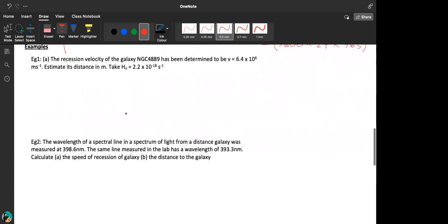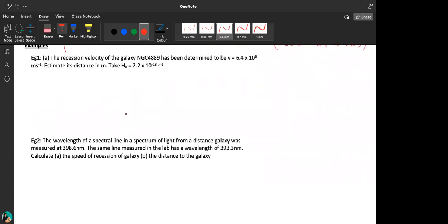Now, example. Okay, recession velocity of a galaxy has been determined to be 6.4. Estimate the distance.